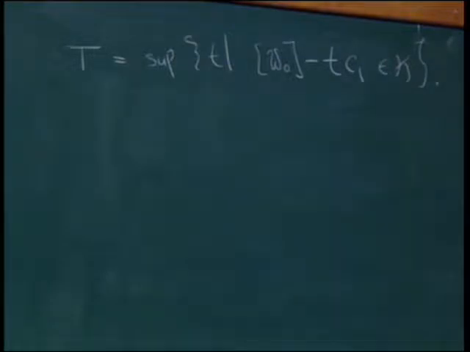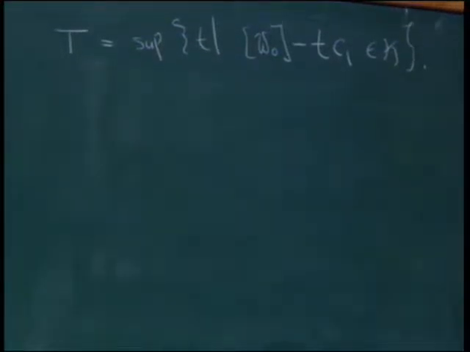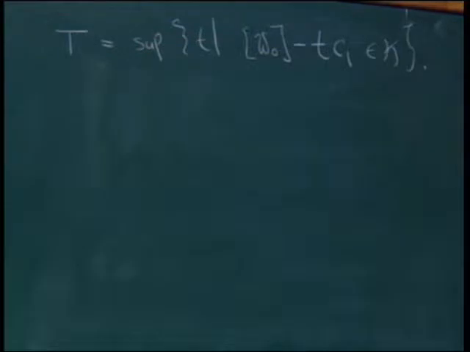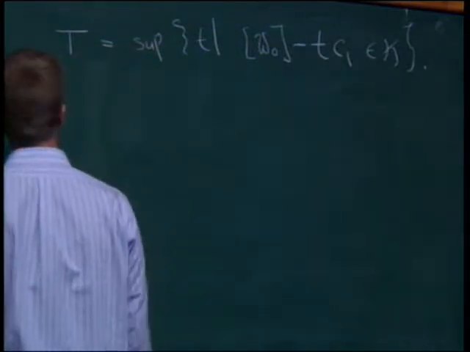Because associated to a solution of Kähler-Ricci flow is an ODE in K. So the metric stays Kähler, and so you have this closed form varying in time in the Kähler cone. And basically, this is the time when the ODE hits the boundary of the Kähler cone. And so T is somehow the maximal time the flow could possibly exist. And then the theorem says, in fact, it does exist up to that time.